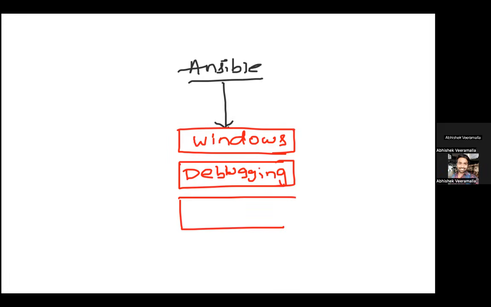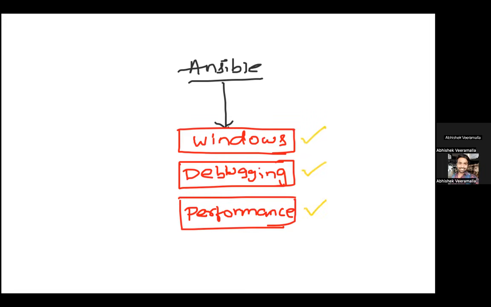Again, I'm not saying that all three of the above things are bad with Ansible, but these are the areas where Ansible can improve. One is the Windows support, one is the debugging. Right now you can run Ansible in debug mode, but still the debugging logs of Ansible are not easy for DevOps engineers to always understand the problem. And then there is the performance of Ansible.